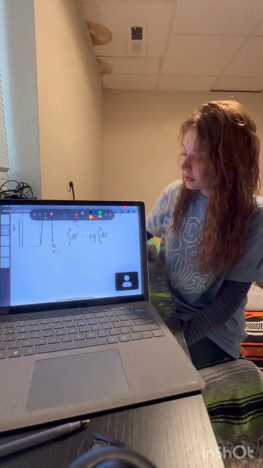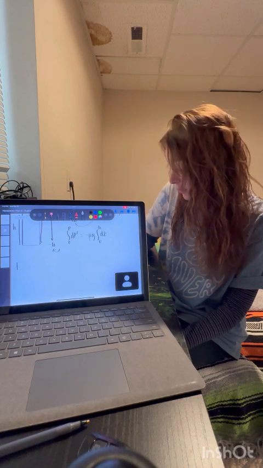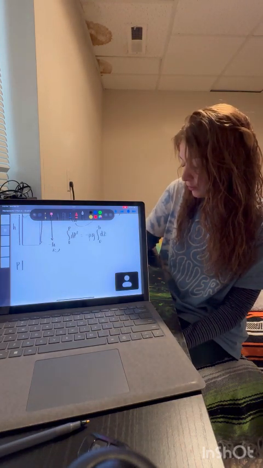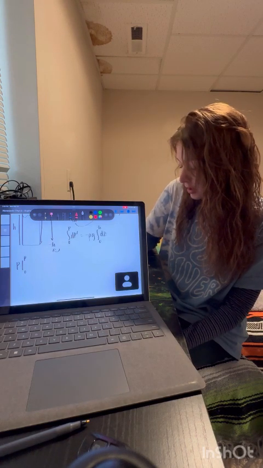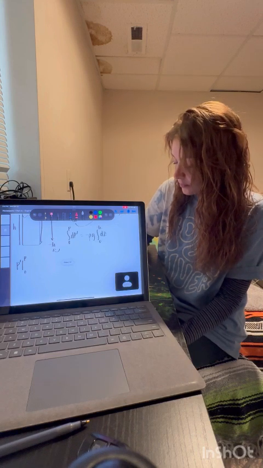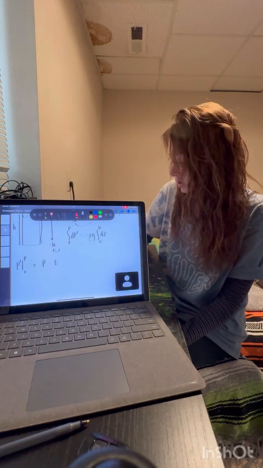And then integrate. So for the left side of the equation, we get p, and you would do like this, which simplifies to p minus 0, which is equal to p.